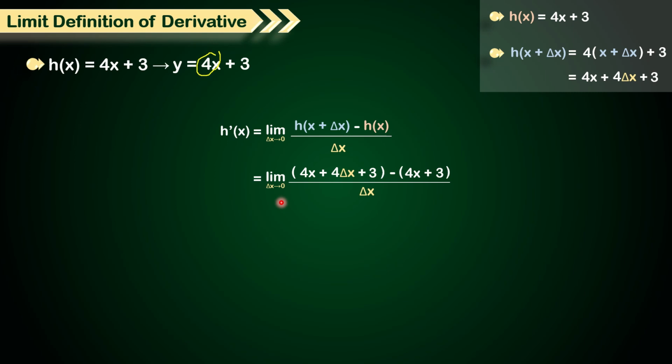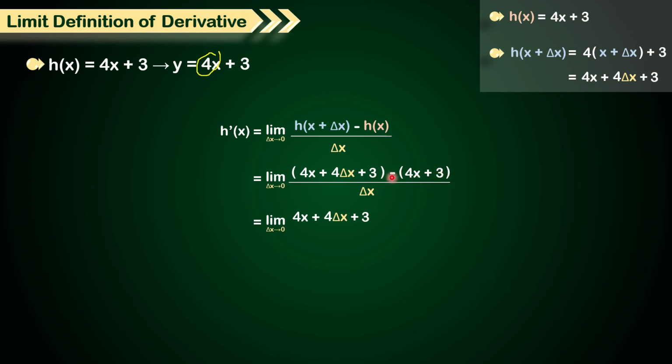Remove grouping symbols. We have limit of 4x plus 4 delta x plus 3. Distribute the negative sign to each term of 4x plus 3.